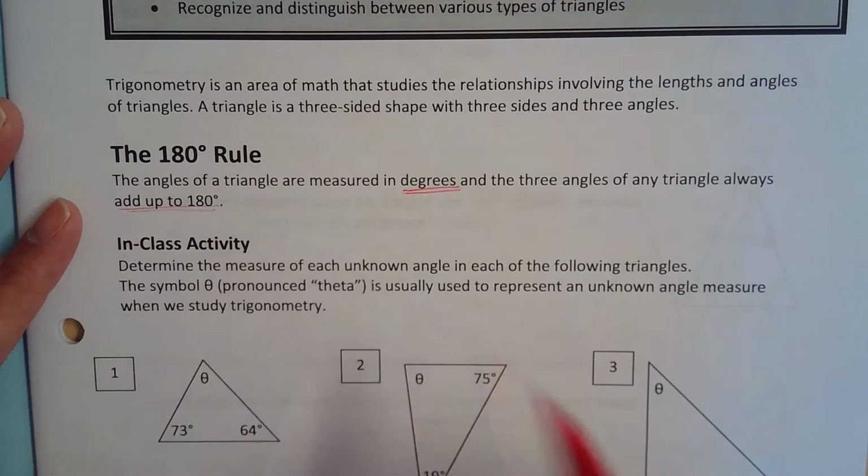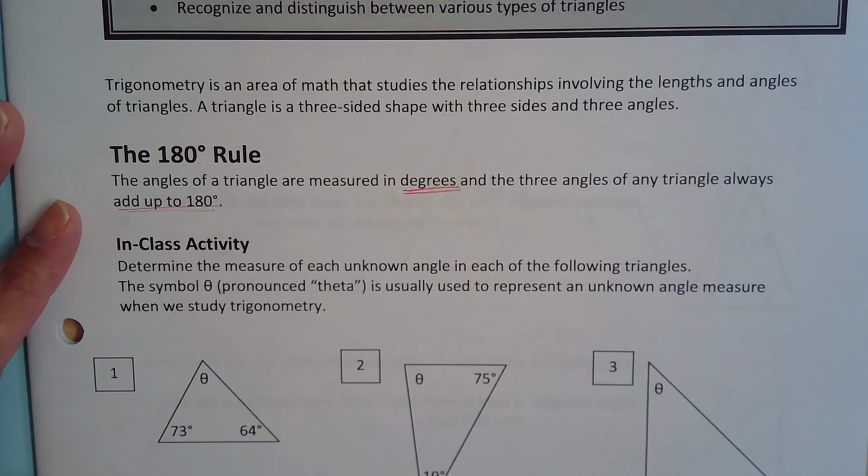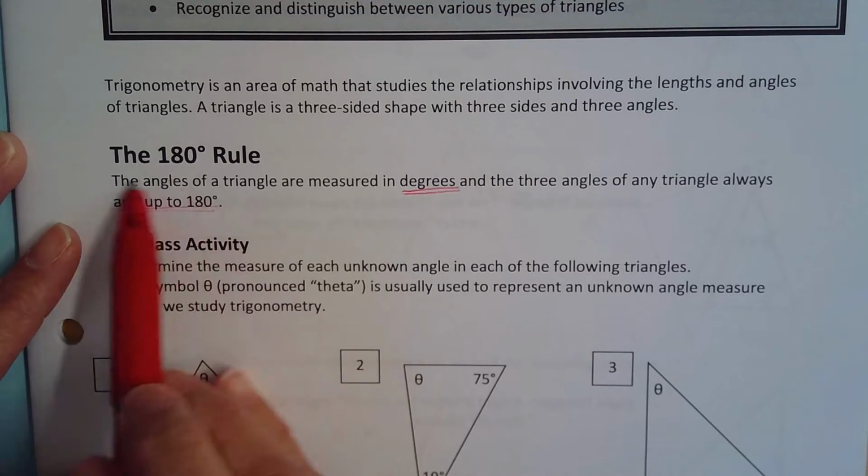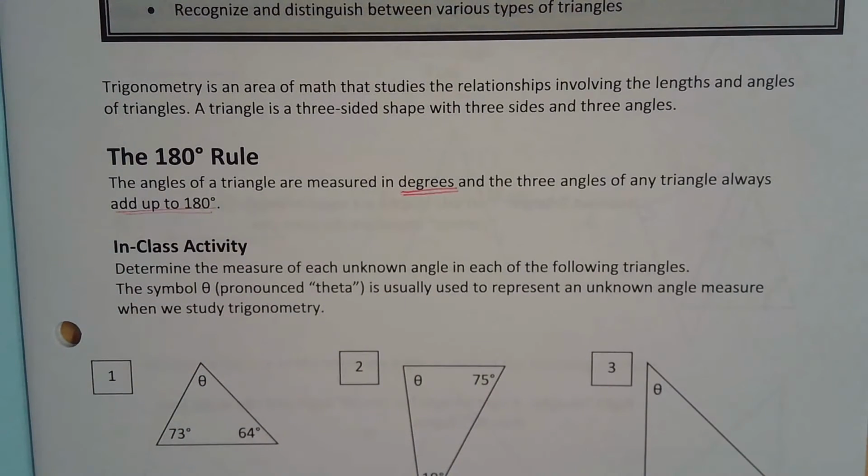So that's the reason why it's called the 180 degree rule: when we have the angles in a triangle, they always add up to 180. Okay? So I'm going to show you a little bit of an activity.